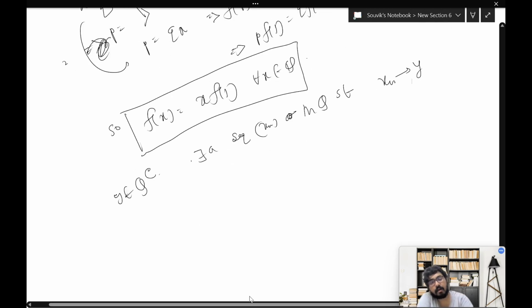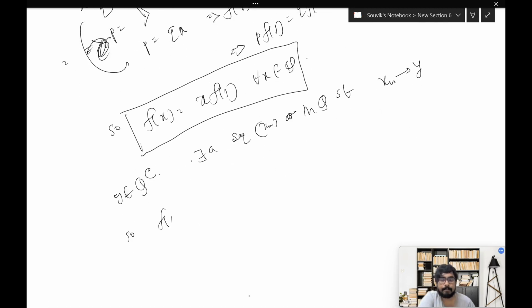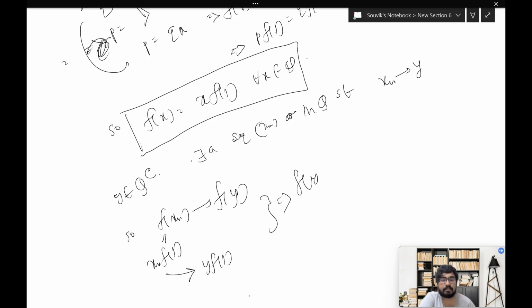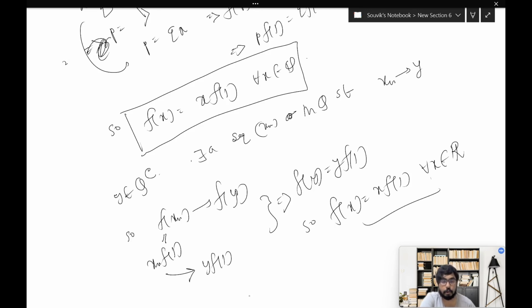So by continuity of f, what is f of x n? f of x n is equal to x n f of 1, and this goes to y f of 1. So by uniqueness of the limits of the sequence, this implies f of y is equal to y f of 1. So this implies f of x equal to x f of 1 for all x belongs to the reals. So this is what we wanted to show.